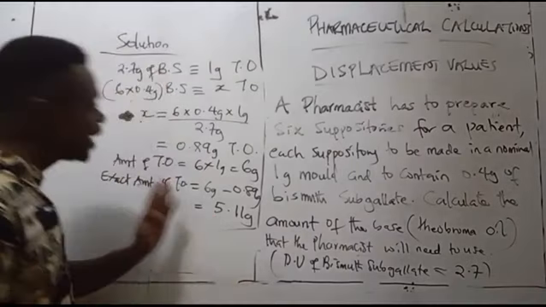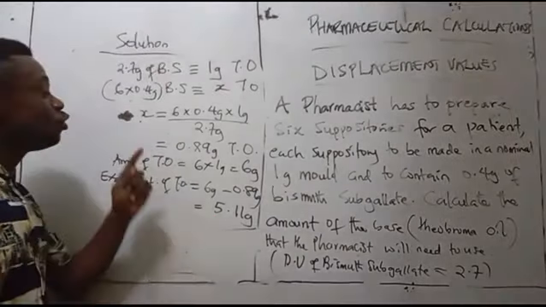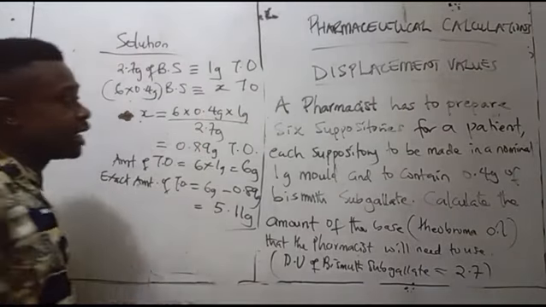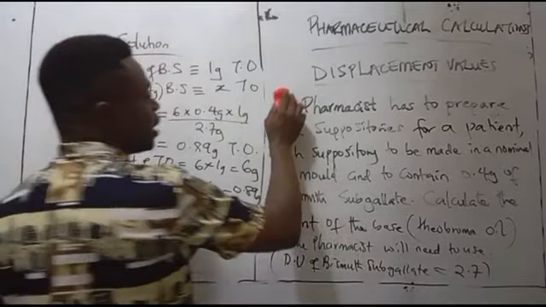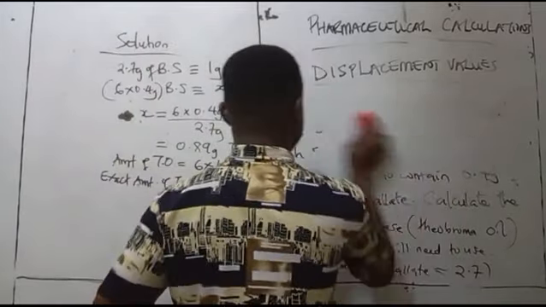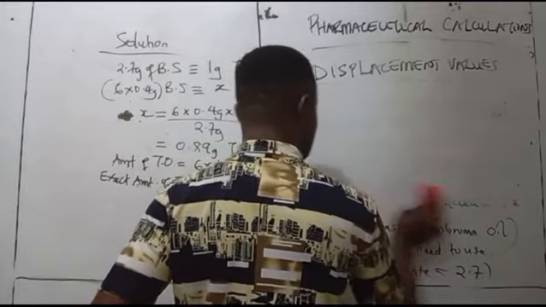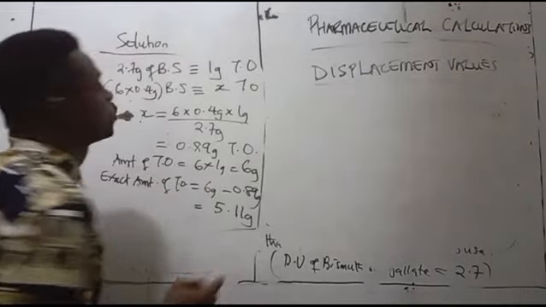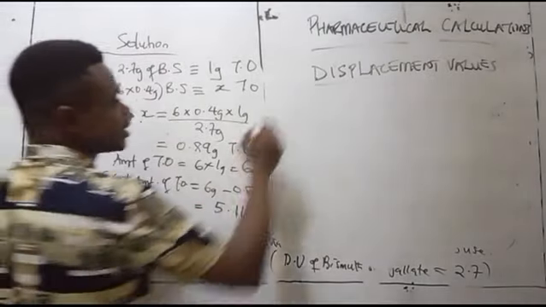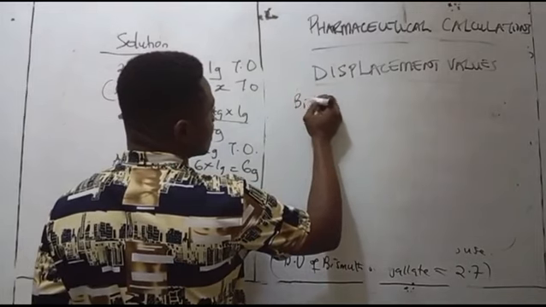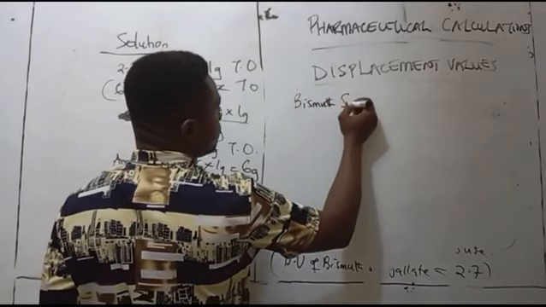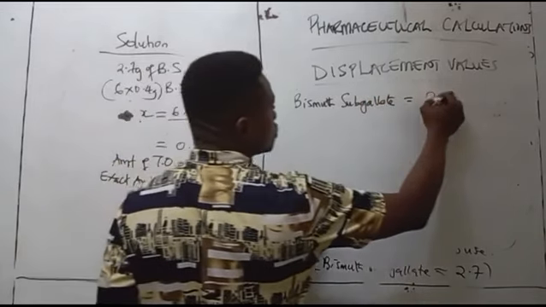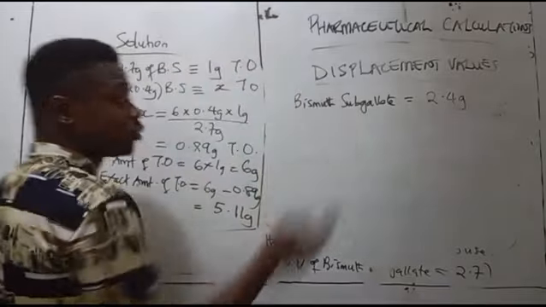So with this, we can now write the formula. We need to prepare the formulation, so we write down the formula. Let's start with the active ingredient, bismuth subgallate, 2.4 gram, for the entire suppository.